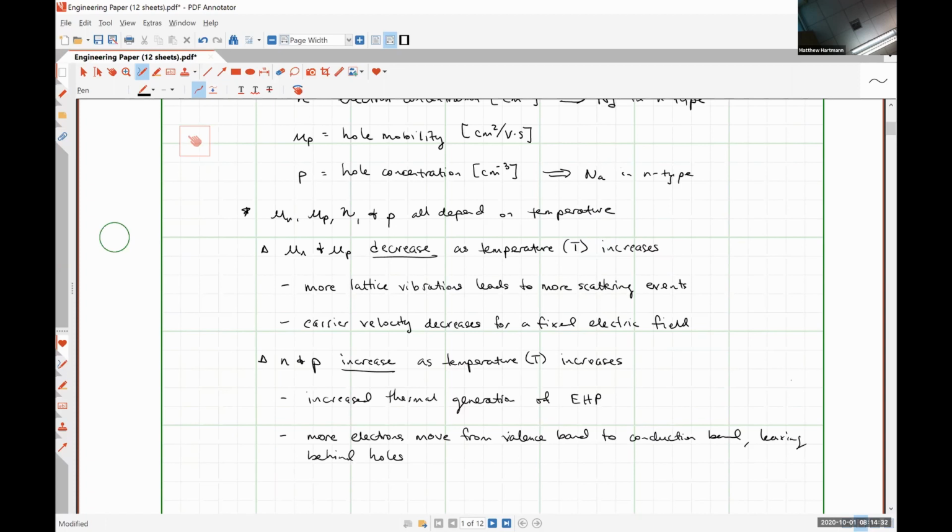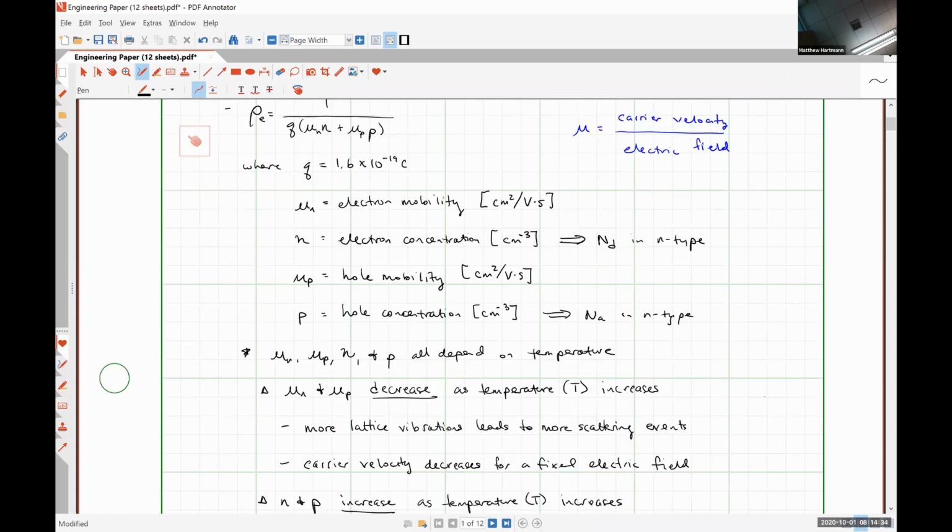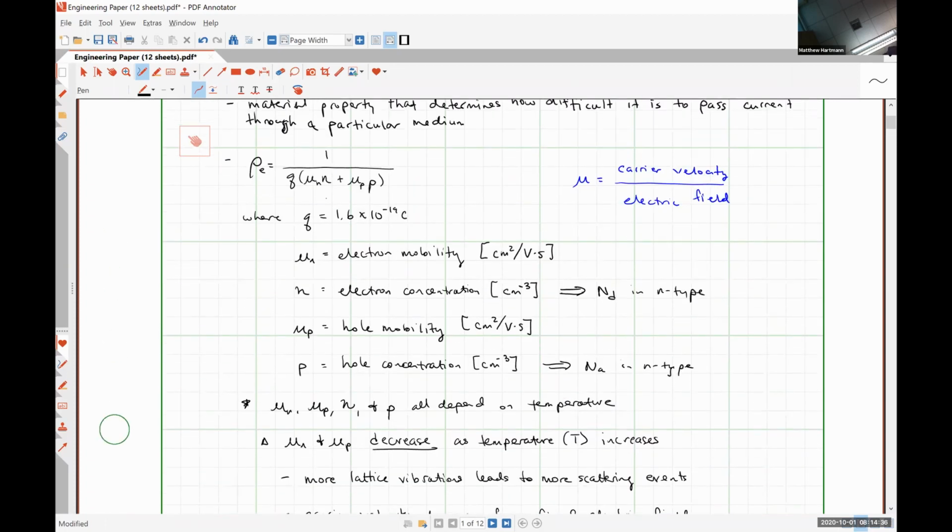If we look at our original equation up here, we should see that as mu n or mu p increase, our resistivity, so our denominator is going to get larger, right? And so our resistivity should go down, meaning we're conducting well.